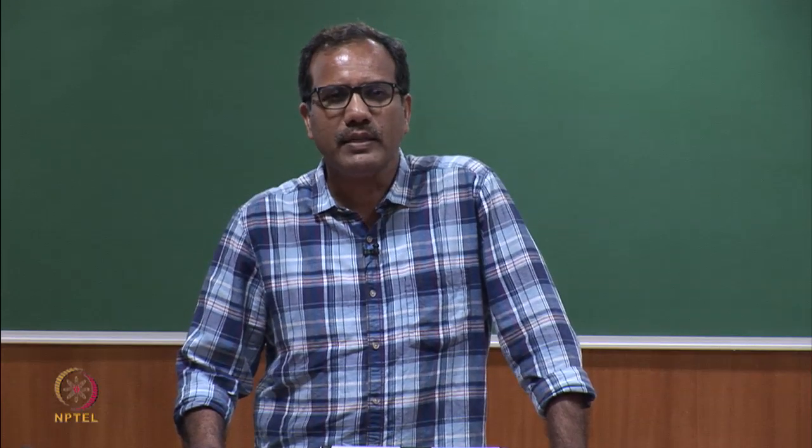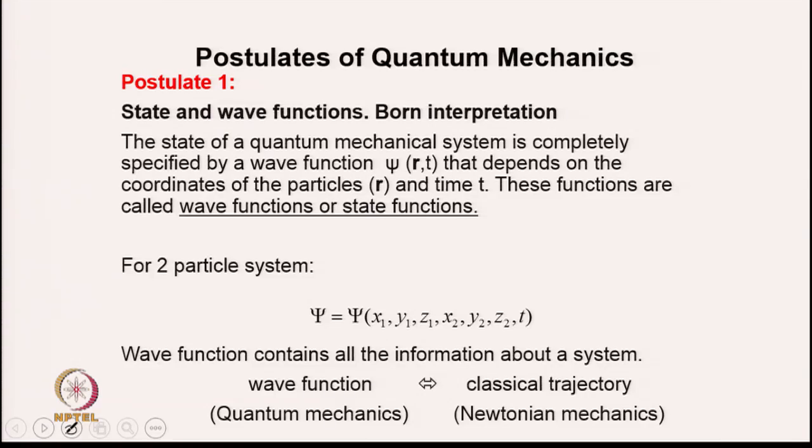Postulate 1 tells you that the state of a quantum mechanical system is completely specified by a wave function. This wave function depends on the coordinates of the particle and time t. For a one particle quantum mechanical system, the wave function will depend on the position of that particle x, y, z and time t.